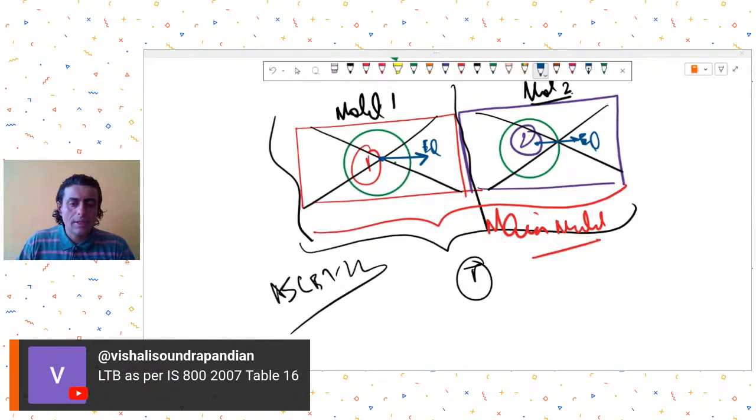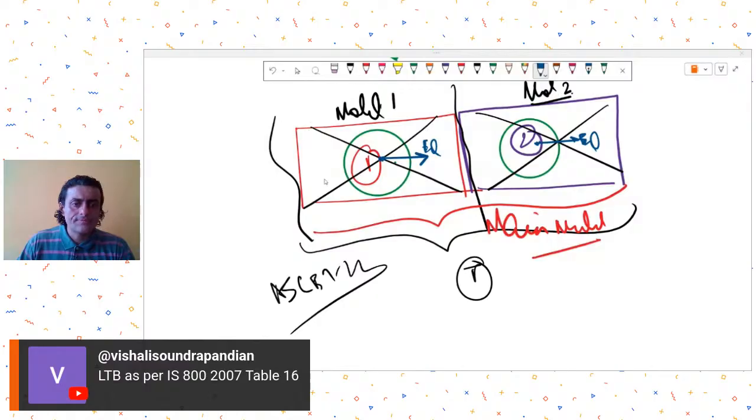Lateral torsional buckling as per table 16. Table 16 just gives you the appropriate effective lengths to be considered as LLT for your lateral torsional buckling calculations. So the calculations that are given to you in Annexure E, I think, E or Annexure D of IS 800 2007, over there the effective lengths to be considered are to be taken from this table 16.